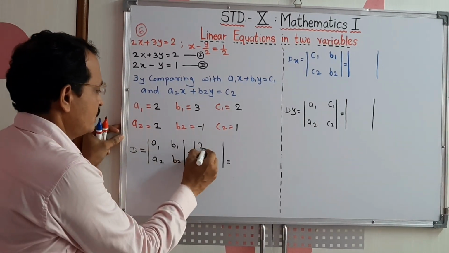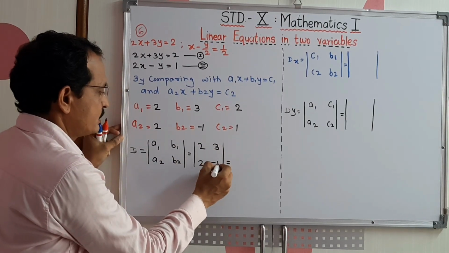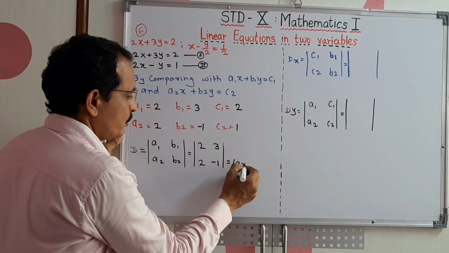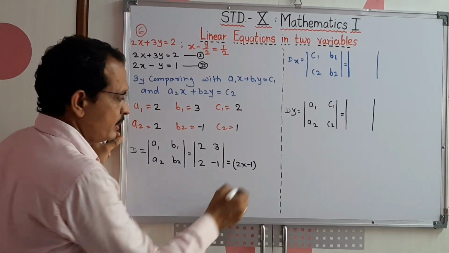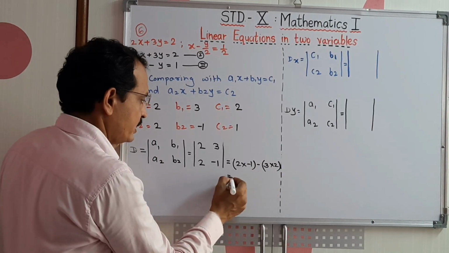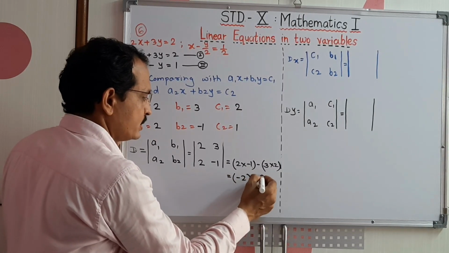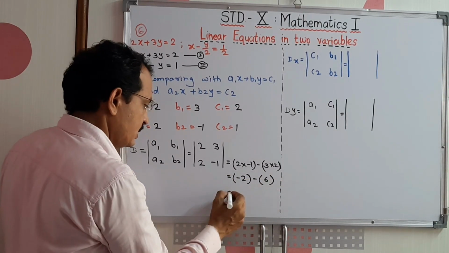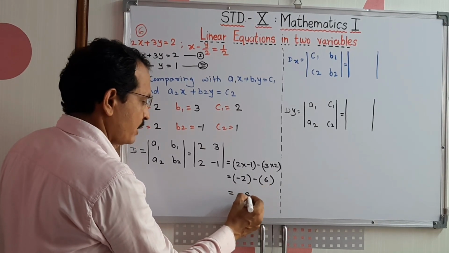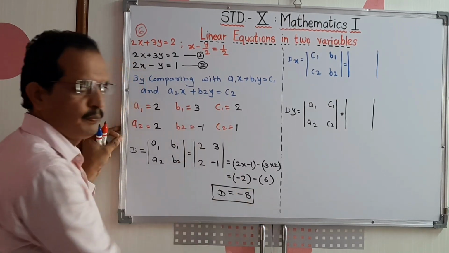Cross multiply, 2 into minus 1, write it in a bracket, minus 3 into 2. We get here 2 into minus 1 it is minus 2, minus 3 into 2 it is 6. Therefore it is minus 2 minus 6, it is minus 8. This is the value of d.